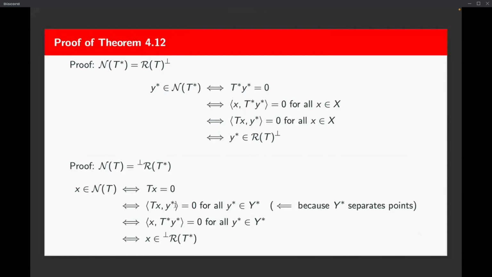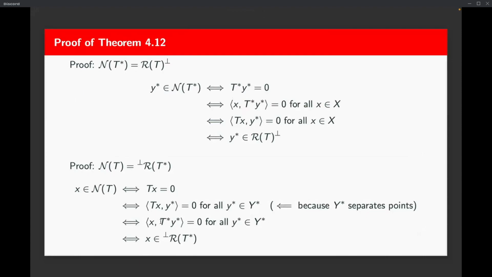So the fact that all Y stars evaluated at Tx give you back 0 means that Tx must be 0 because Y star separates points. And then on the next line, we just again move the T over to the other side and put a star on it, and same qualifications otherwise.